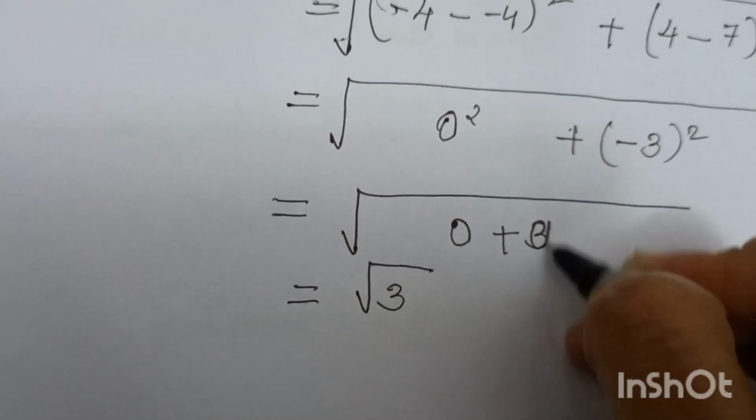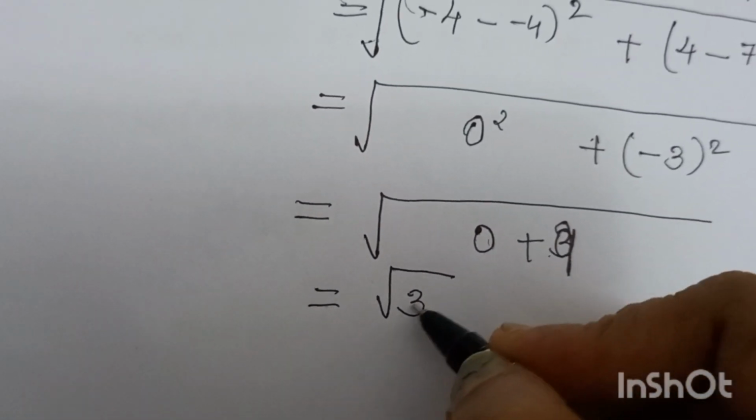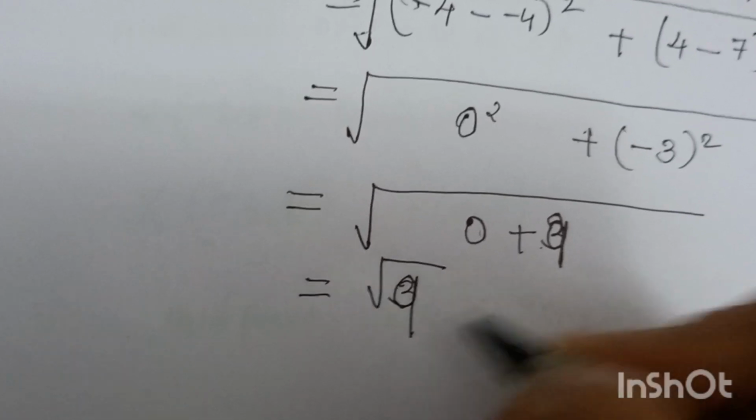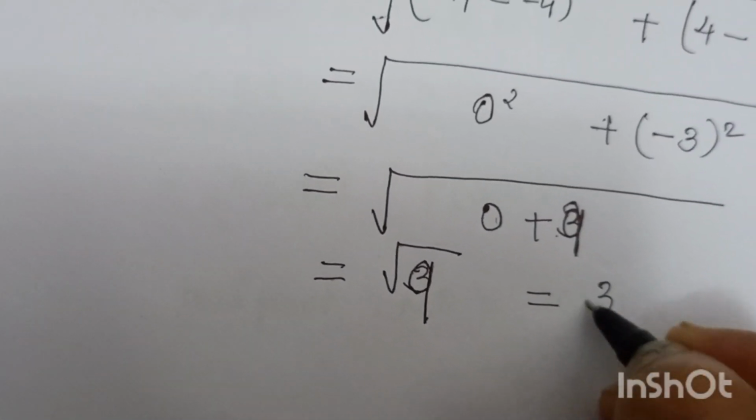So we get 9. 0 plus under root 9. Root of 9 is how much? Which is equal to 3 units we get.